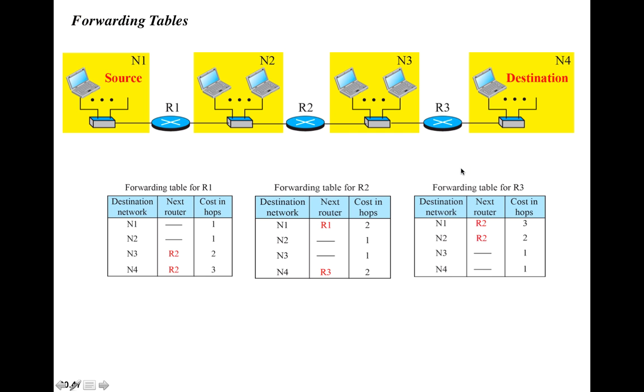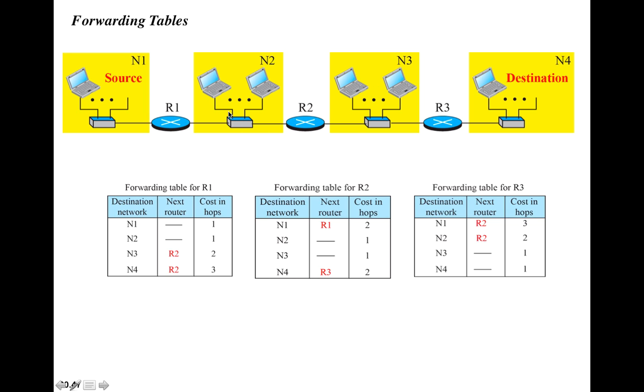So when we're making the tables, this is how it will look. For router R1, if we want to go to N1, there's no next router we need to go to because it's directly connected to R1, and the number of hops is 1. N2, same thing, no next router, 1 hop.